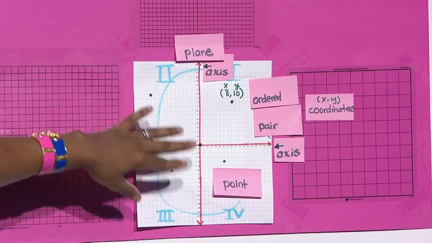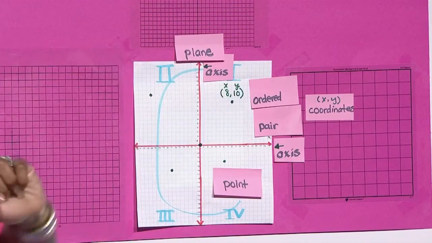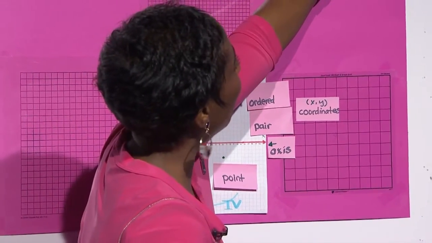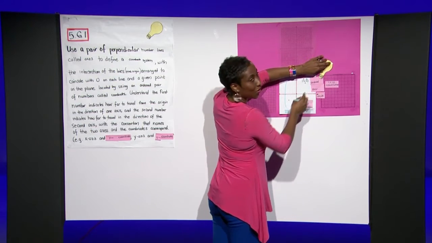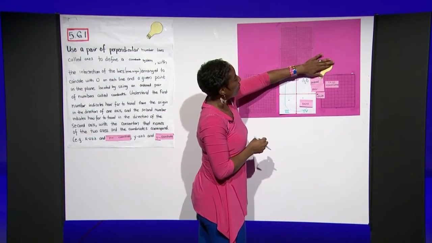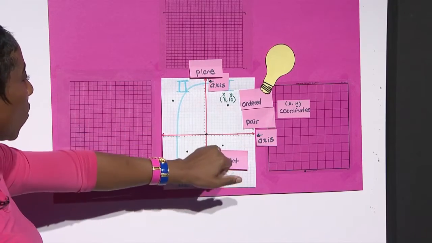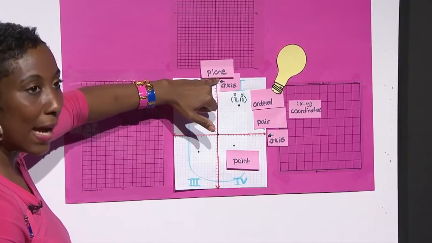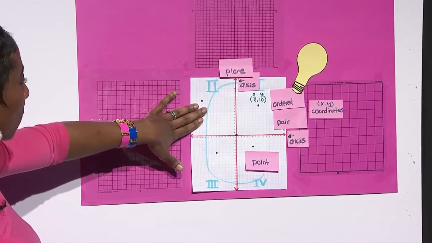So what I'd like for you all to do now is think about something for a moment. Right now, at the 5th grade, most of the things that we talk about are going to be in our first quadrant. So let's think through that for a moment. Everything in quadrant 1 is going to have a positive X and a positive Y. What do you think is going to happen when we get to quadrant number 2?